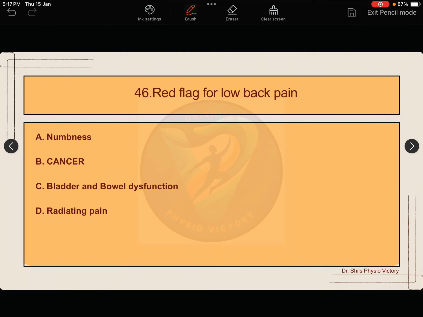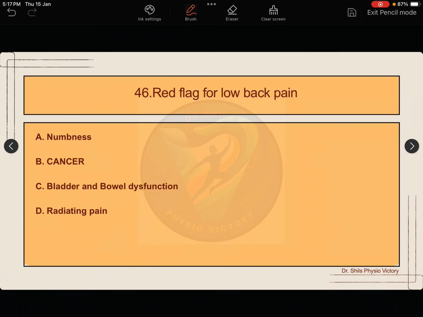Next, come to question number 46. Red flag for low back pain. Option A, numbness. Option B, cancer. Option C, bladder bowel dysfunction. Option D, radiating pain.